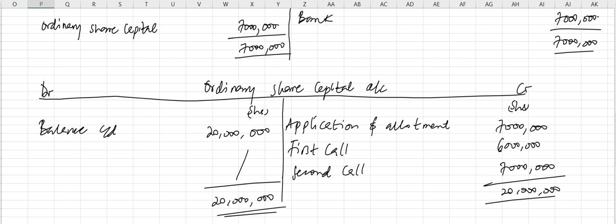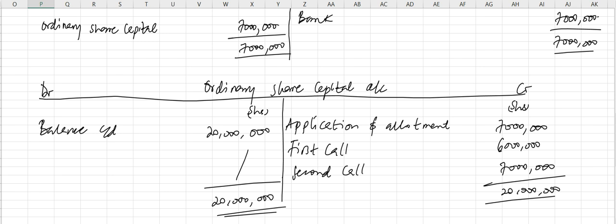We have seen how to account for the issuance of shares. We have seen the process of accounting for share capital from the initial applications and handling the oversubscriptions, right to the first call and then to the second call.